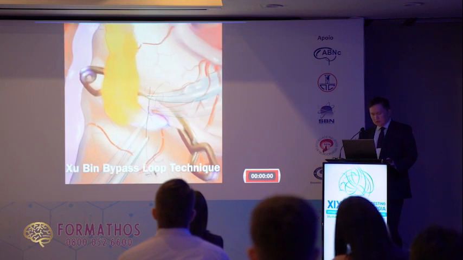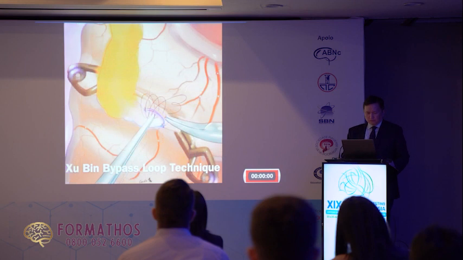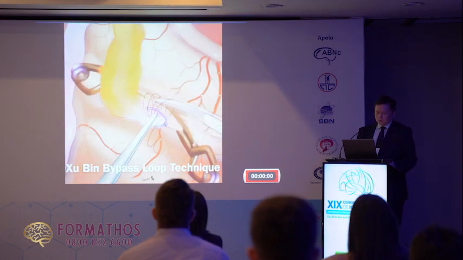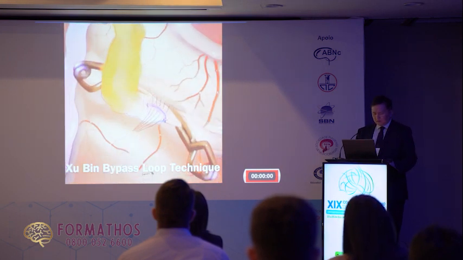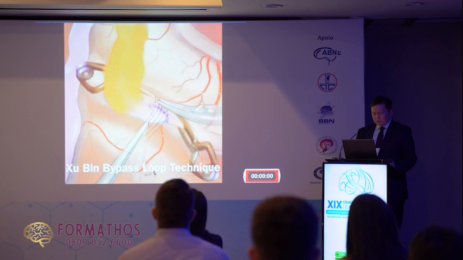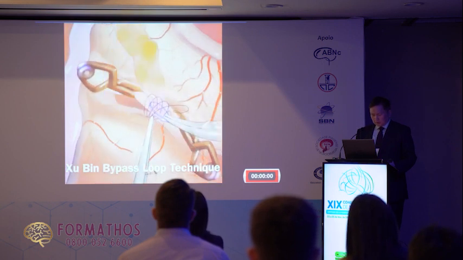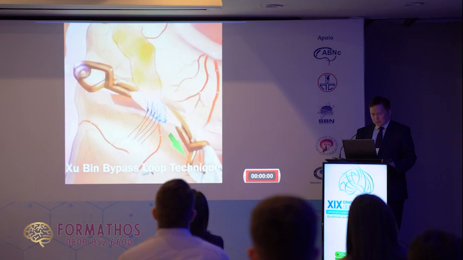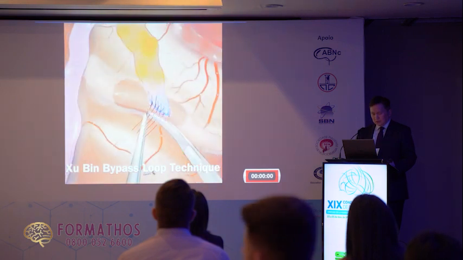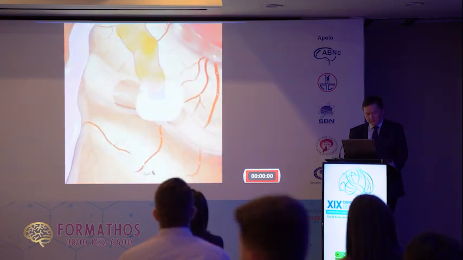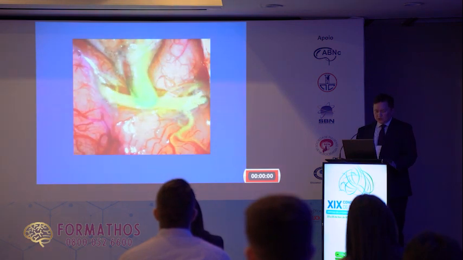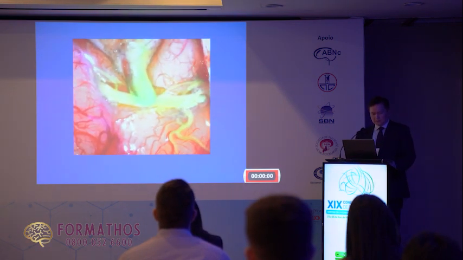Then on one side we can form the 4 loops. Cut the 4 loops, we can make 5 stitches and then make the knots separately. Another side, another 5 stitches. So totally 12 stitches. This is the ICG after the bypass.